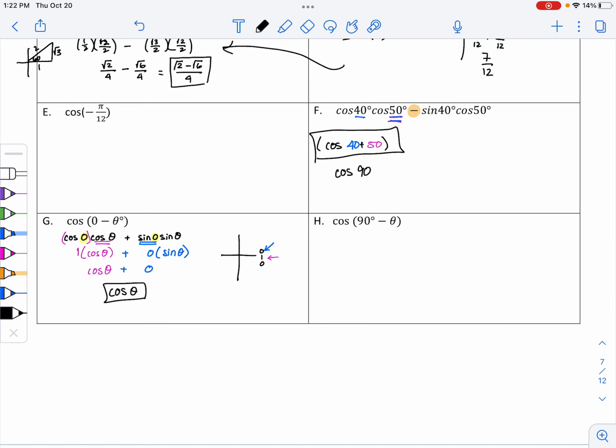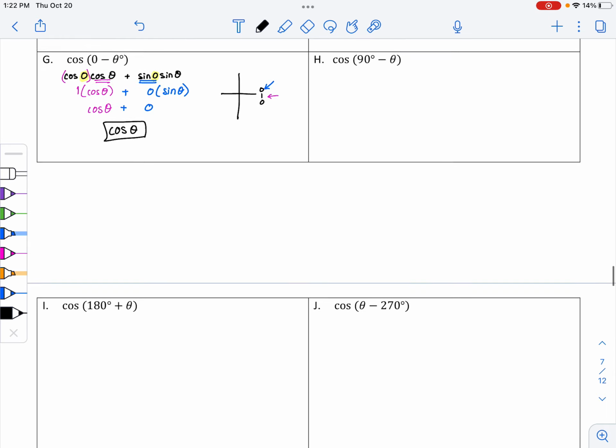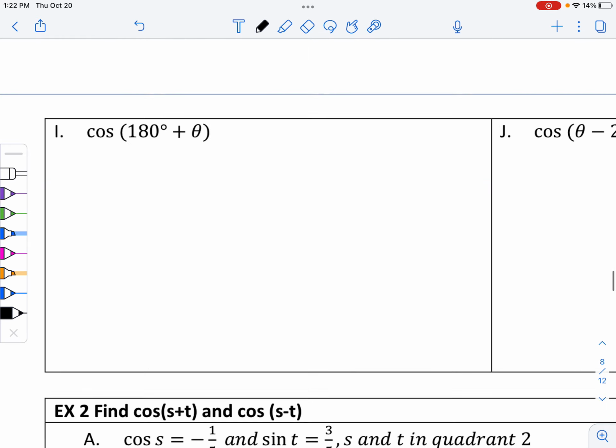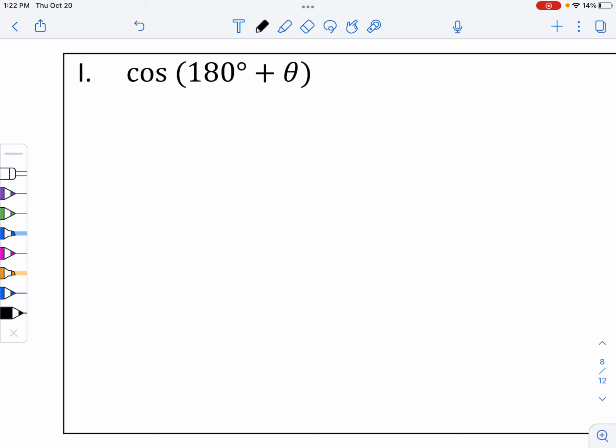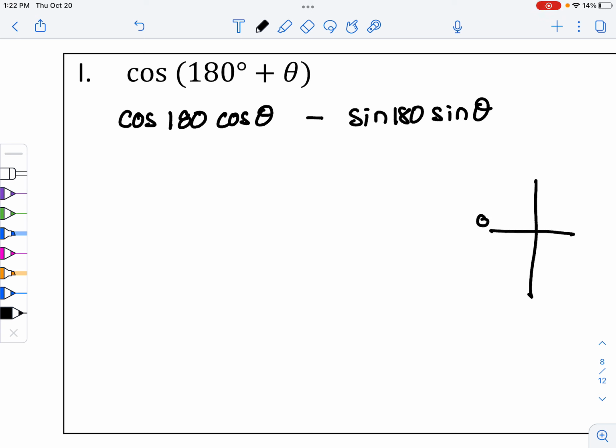I'm going to jump down into an adding, so go to I. If I do an adding, I would have the cosine of 180 times the cosine of theta minus the sine of 180 times the sine of theta. Well, we know those values also. So I'm going to start to do my substitution.